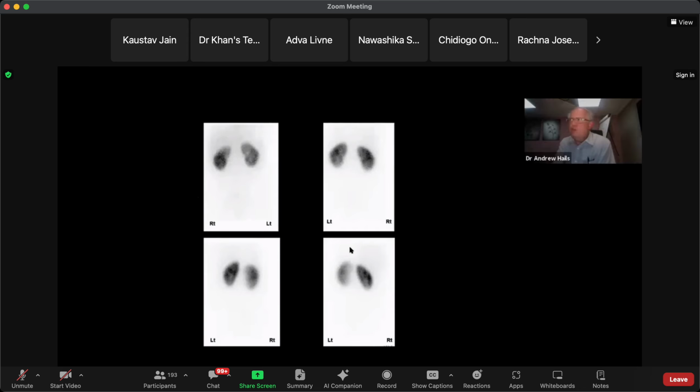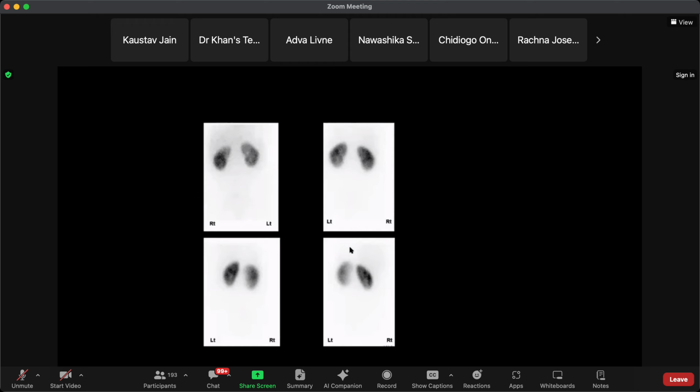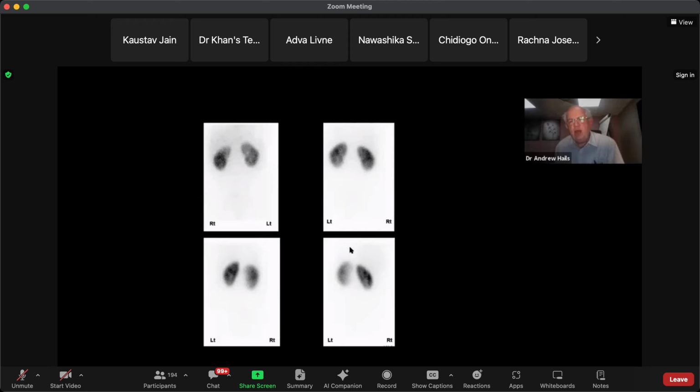Okay, so still on kidneys, what kind of test is this? The DMSA scan. Right, yeah, okay. So what might you use that for?